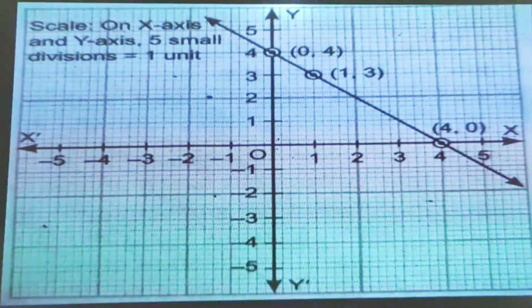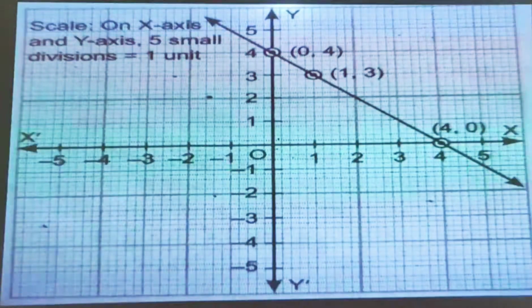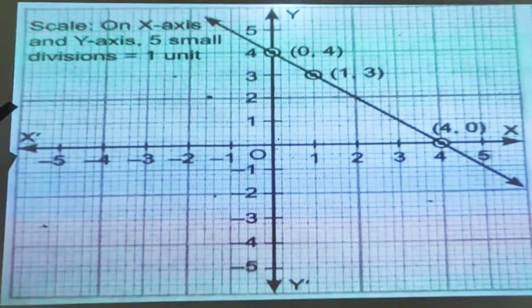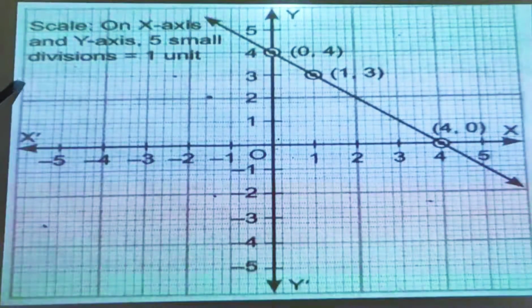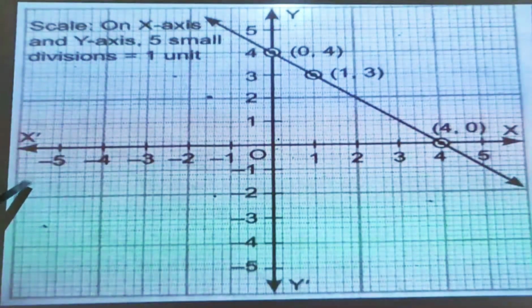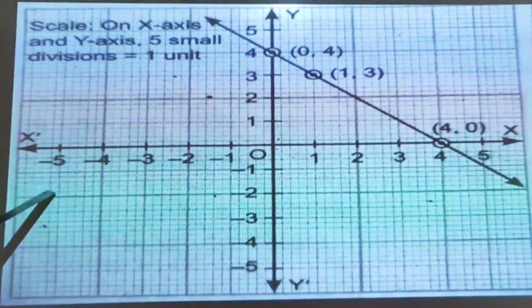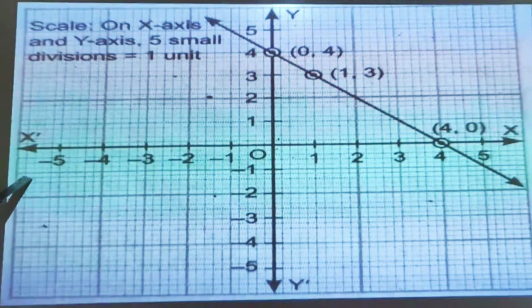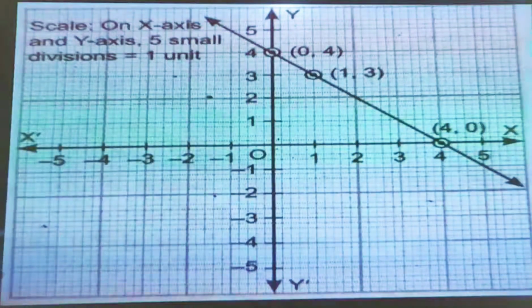After writing all these things, we also have to mention the scale we have taken. You can see the scale on the x axis and y axis: we have taken 5 small divisions equal to 1 unit. These 5 small divisions, 1, 2, 3, 4 and 5, we have taken as 1 unit.